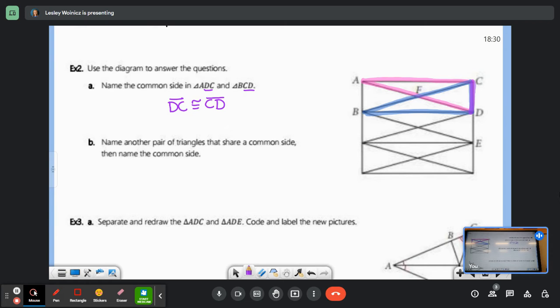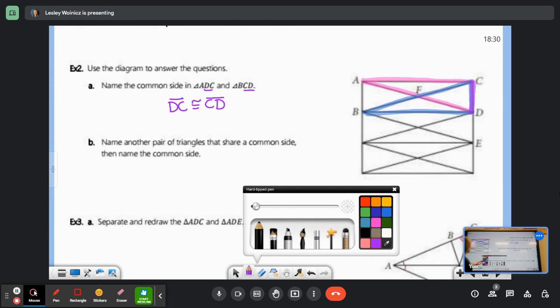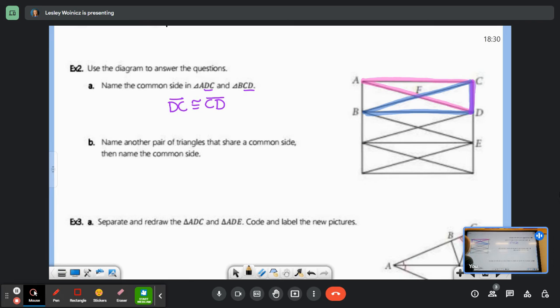Okay, so we have to find another pair of triangles that share a common side. Well, there are lots. I'm not going to do the top part of the triangle because I don't want to muck that up, but I'm going to add some more letters. I'm going to call this point F, and call this point G, and this will be H down here.